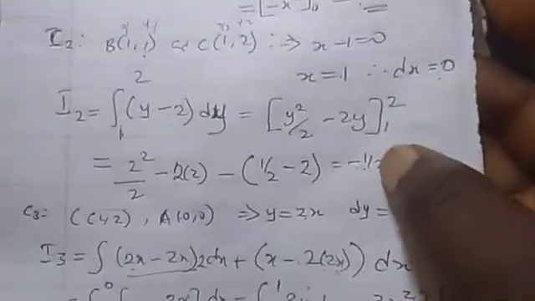Our I2 is minus half. And our I3 is 3 over 2, which after simplifying will give me 0. So that's our answer. The value of the integral is 0.